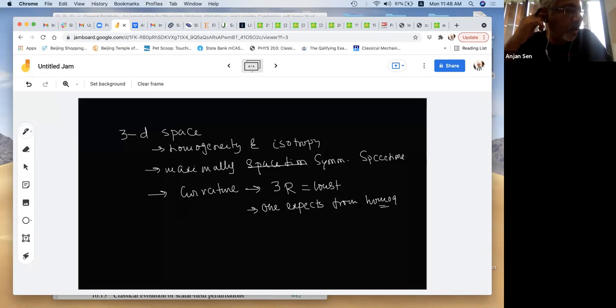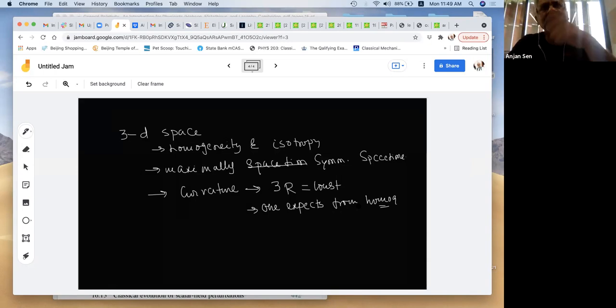What we say is that the universe, at sufficiently large distances, looks homogeneous and isotropic. What I mean is that if I take a sufficiently large box, and take this box at different space locations in the universe, then statistically the properties inside the box, such as density, mass, or whatever physical property we can associate with it, remain the same.